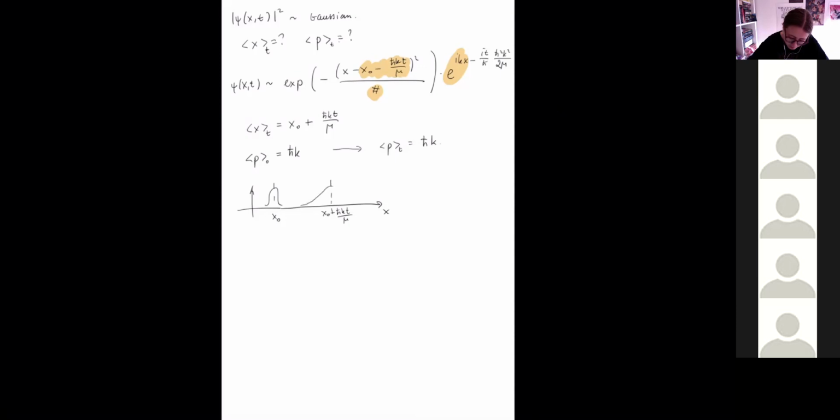So it becomes like this, spread out. This is, let's say, after time t. This is our conclusion about how the Gaussian wave packet evolves after time t.